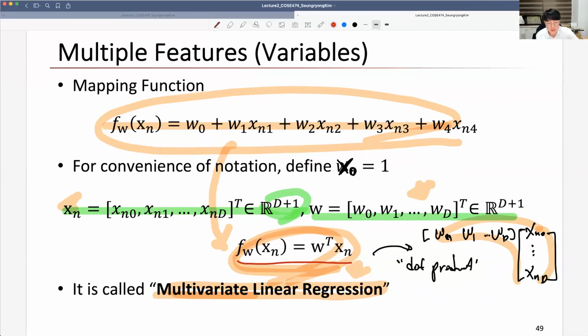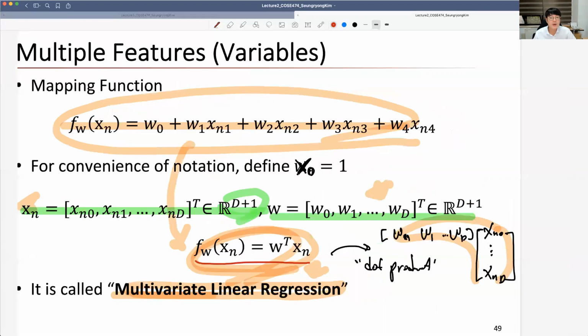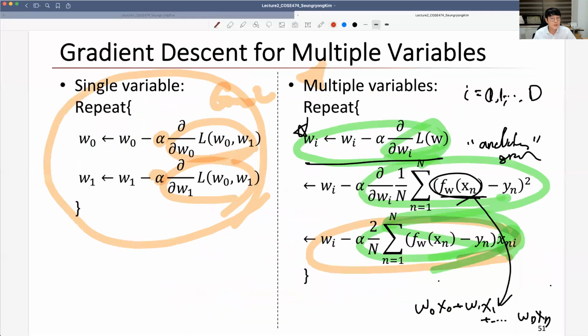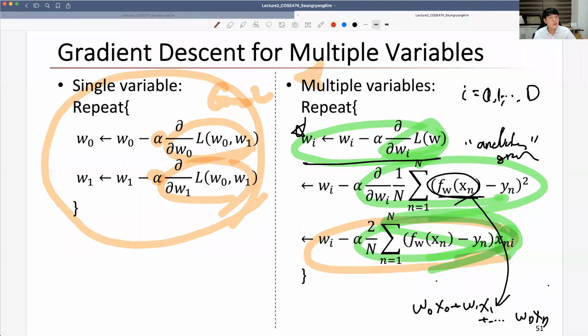This is called the dot product of W and X_n. This linear regression problem is also called the multivariate linear regression problem, right? And then we can reformulate the gradient descent for the multivariable case, something like this.